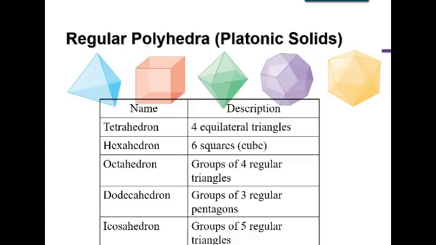Okay. So here's some of the names of the regular polyhedra. Remember how we had regular polygons where all the sides were the same length? And similarly, we have regular polyhedra.